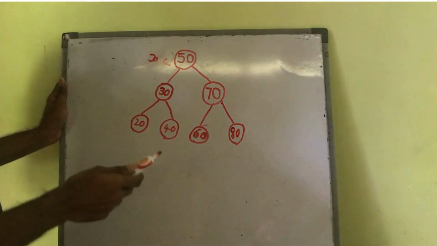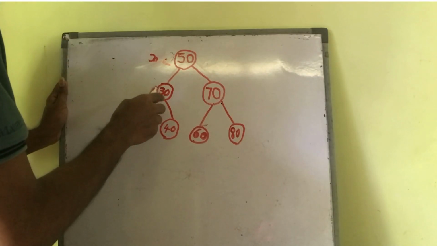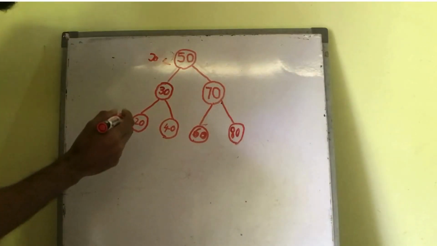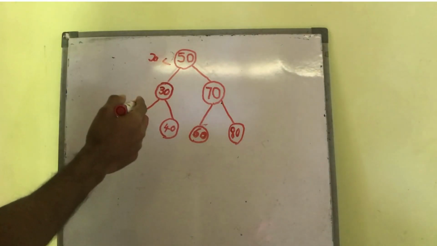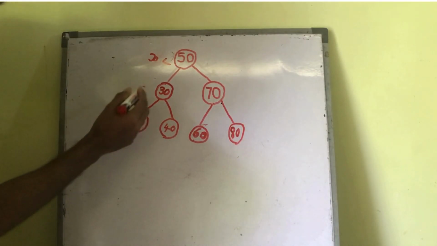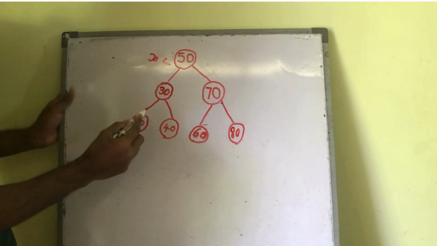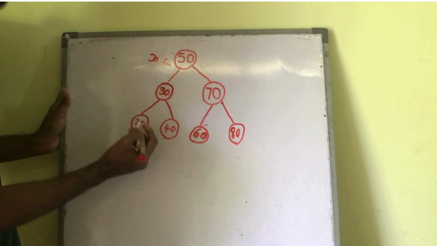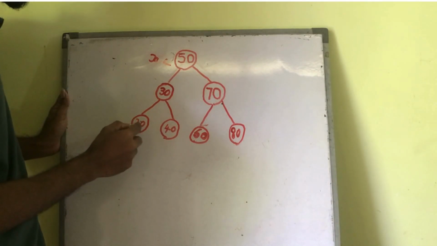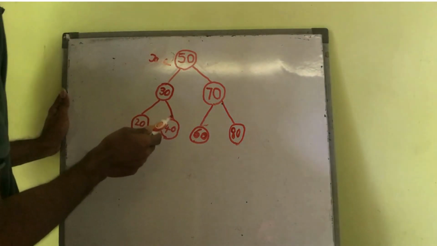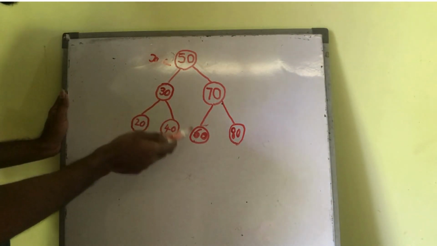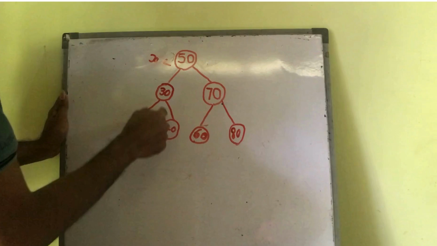We need to find the next highest value of the 30. You can see in here the next highest value of 30 is 40, not 20. 40 is the smallest element greater than 30.